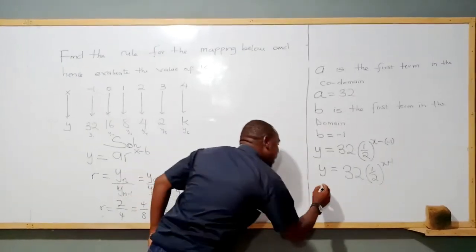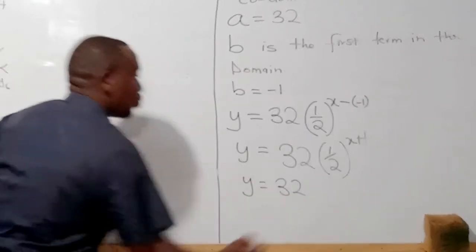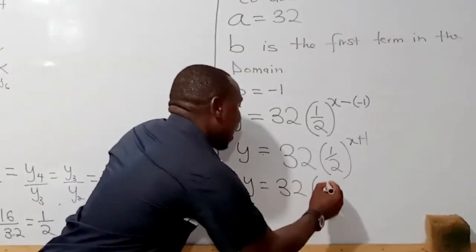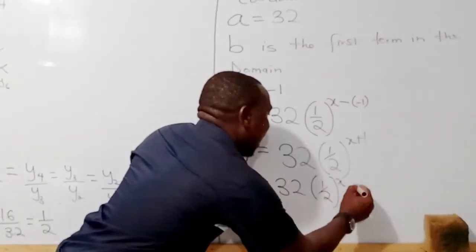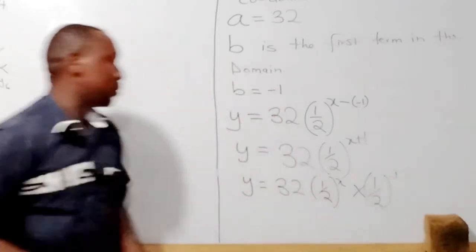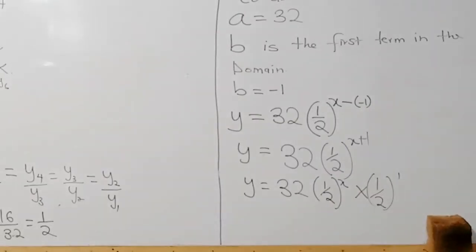We know y here to be equal to 32 multiplying half to the power x times half to the power 1. Check it again. Half to the power x times half to the power 1.